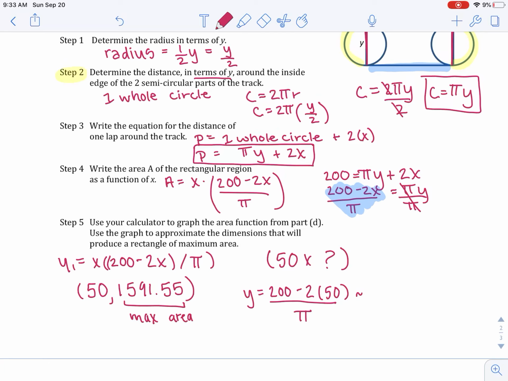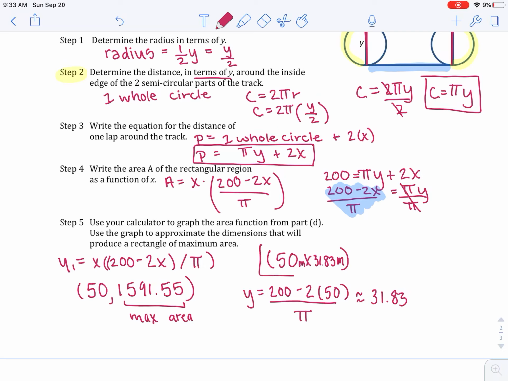Plug this guy in. I got about 31.83. So my dimensions then are going to be 50 meters by 31.83 meters.